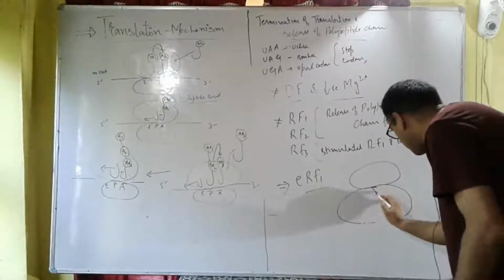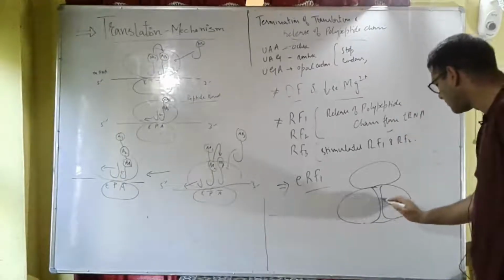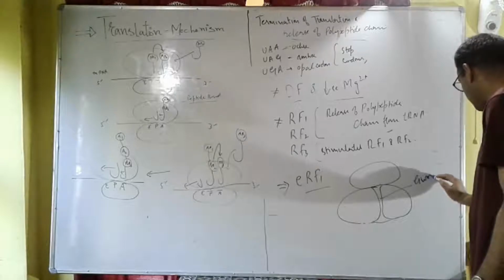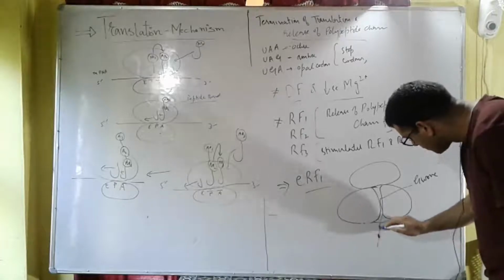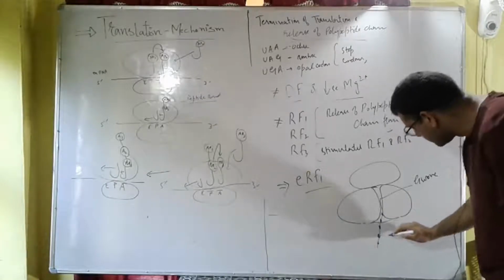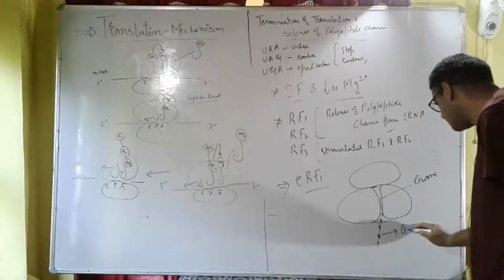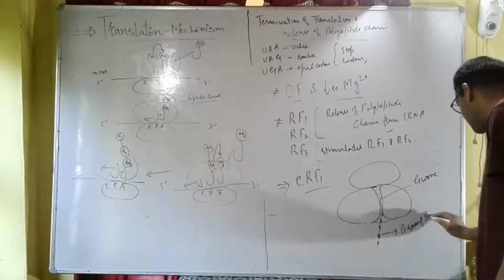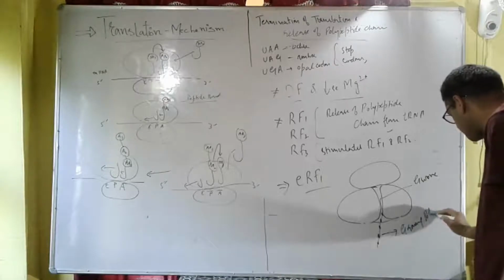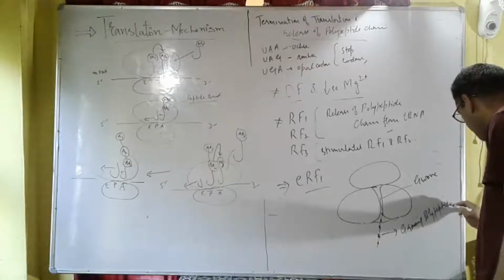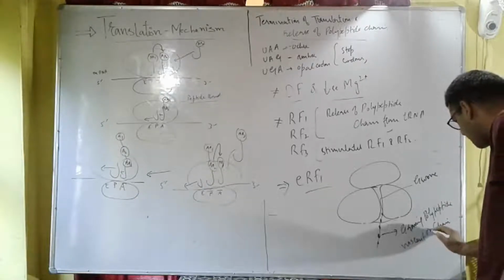There is a groove, a tunnel, in the large ribosomal subunit, and this nascent polypeptide chain emerges from the groove.